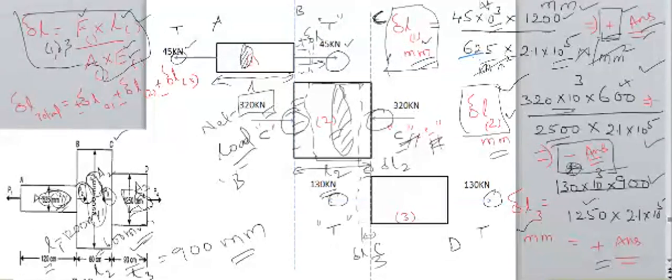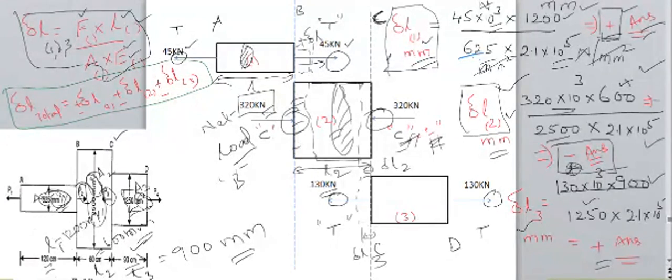So after finding all these three elongations in three different cross sections, in three different portions, we need the total elongation in the component.